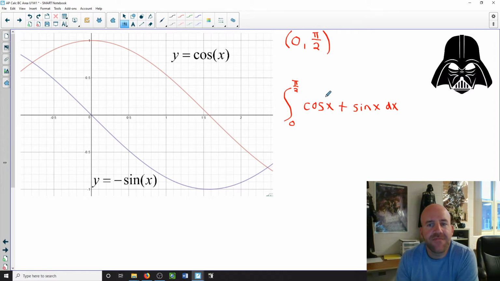So if I'm finding the antiderivative of cosine, that's going to be a sine. So sine x. Antiderivative of sine is going to be a negative cosine. And we're going from 0 to pi over 2.